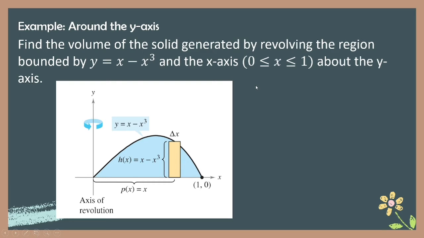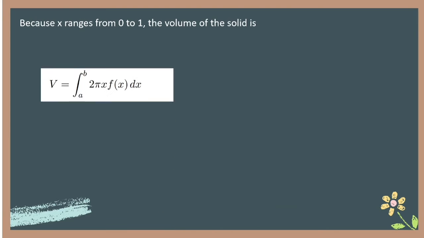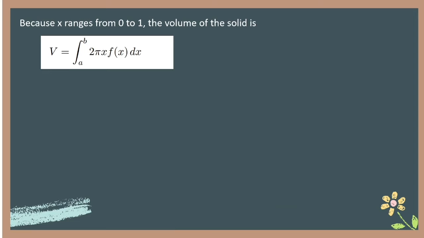Now we have the function here, our height, and our radius here is delta x, or simply x. And of course, the limit of integration here is from 0 to 1. Because x ranges from 0 to 1, the volume of the solid is given by the formula for the shell method: integral from a to b of 2 pi times x times f of x dx.